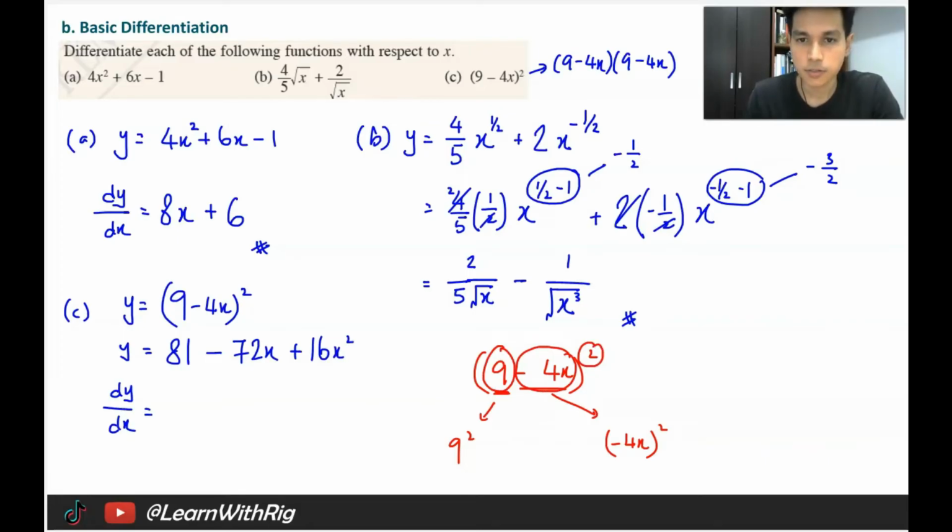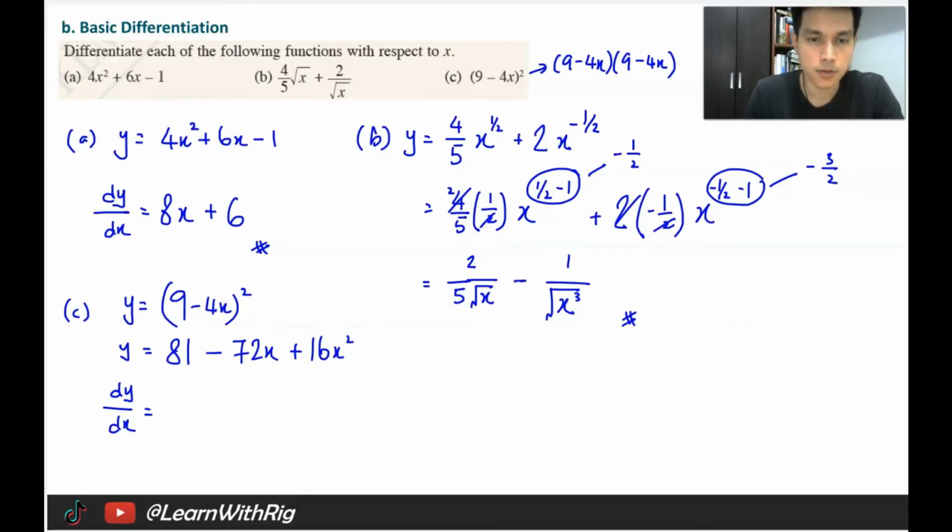In other words, it's going to be 9 times negative 4x times 2. Okay, 9 square becomes 81, and 9 times negative 4 times 2, you get negative 72x, and negative 4x square, you get 16x square. Yes, correct. Alright, let me erase this so that we have space here.